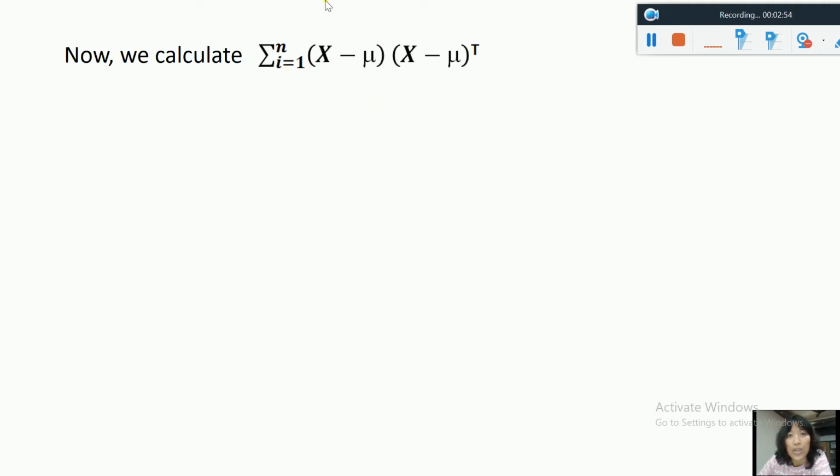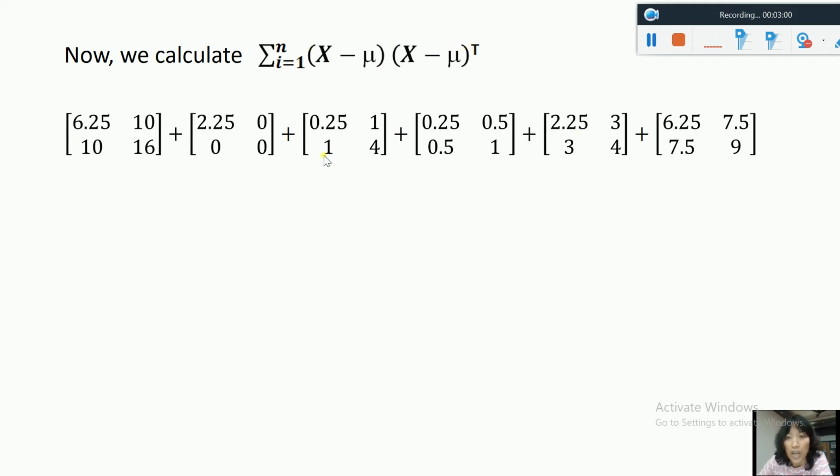Now I need to calculate the summation of all the matrices we calculated earlier. The summation is this matrix: 17.5, 18.5, 18.5 and 28.